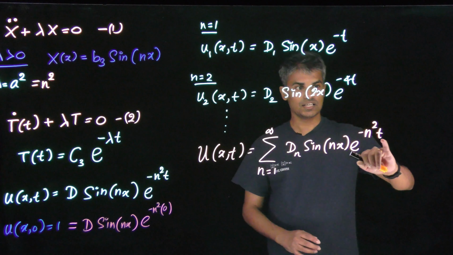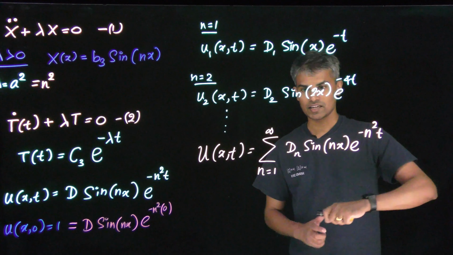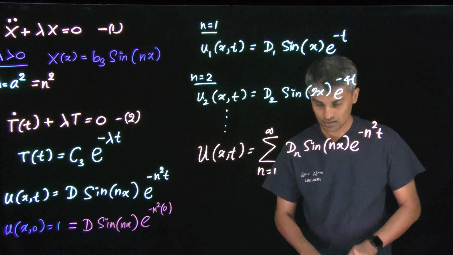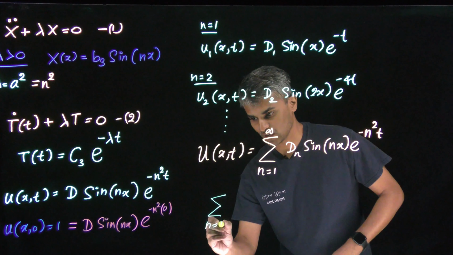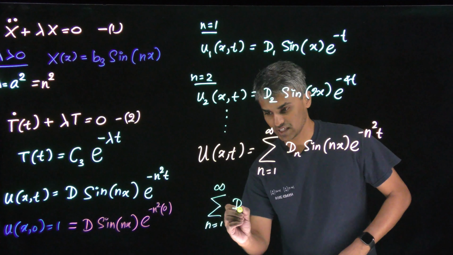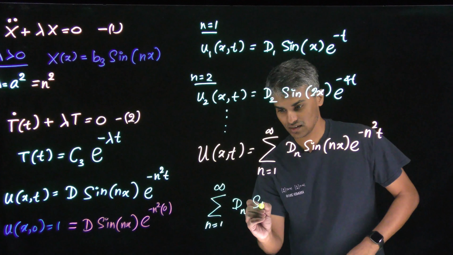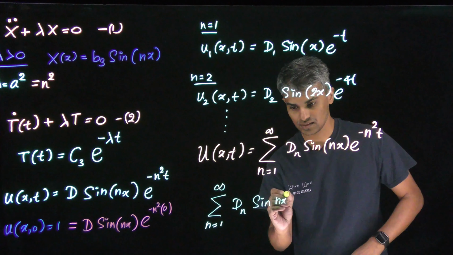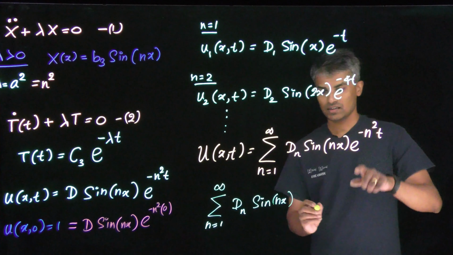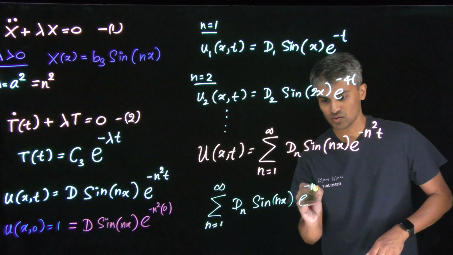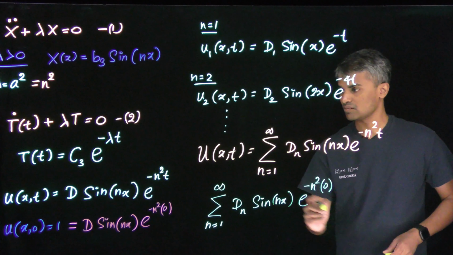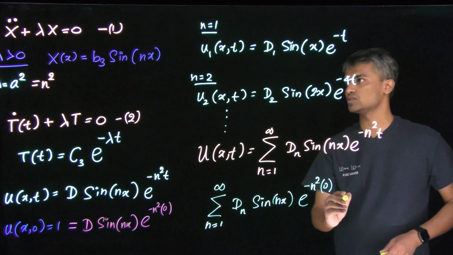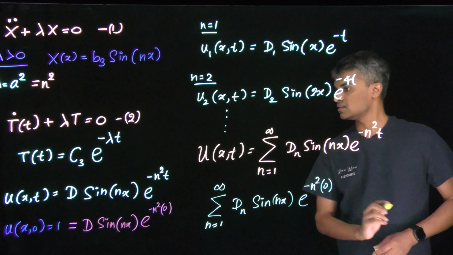Okay. Now, if I substitute t equals 0, then you will get summation n goes from 1 to infinity d sub n times sine of nx. Here we have e to the negative n squared times 0, and my initial condition says this equals 1.